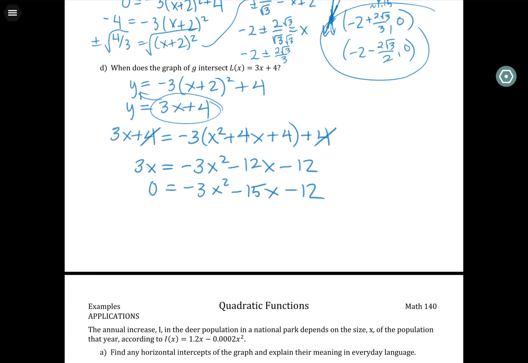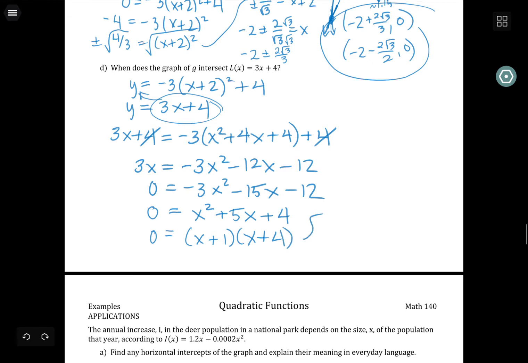So I can divide both sides by -3, and it doesn't actually do anything to the left-hand side, but on the right-hand side, -3 over -3 is 1, -15 divided by -3 is +5, and -12 divided by -3 is +4. So let's see, (x plus 1)(x plus 4) equals 0, which means x is -1 or x is -4. Okay, so we actually got fairly nice solutions.